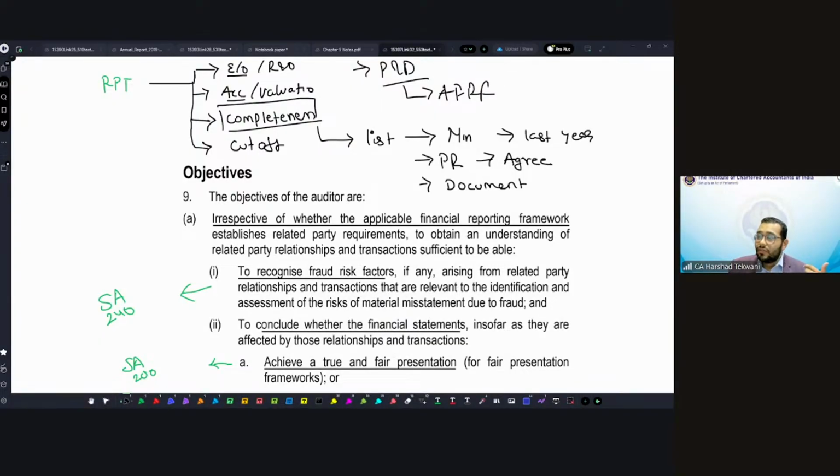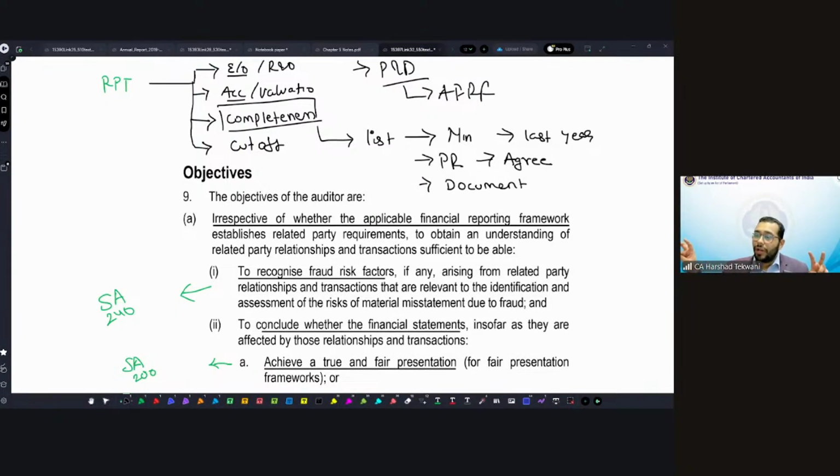We will understand the transactions that have taken place during the period, and the purpose of the transactions. And then we will go to the applicable financial reporting framework. So what is the financial reporting framework? Are we required to disclose that as a transaction with an associate, with a subsidiary?